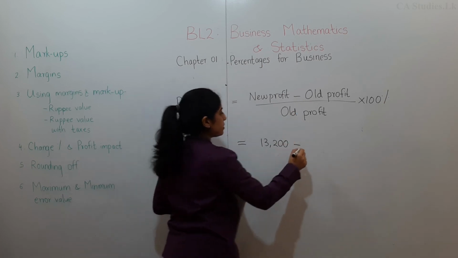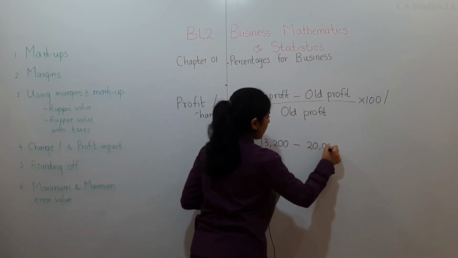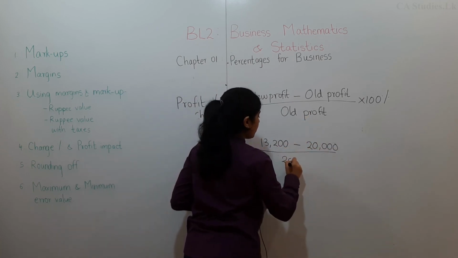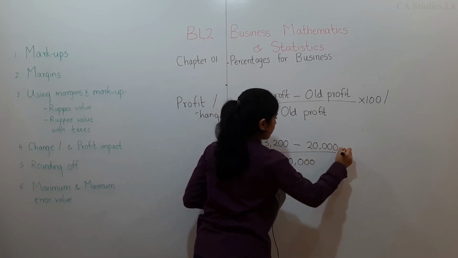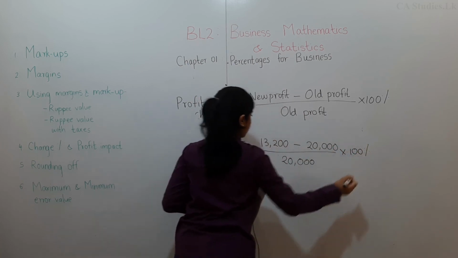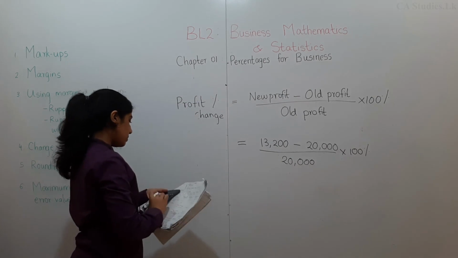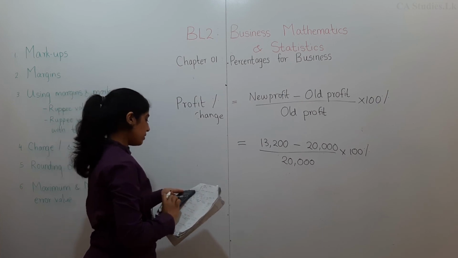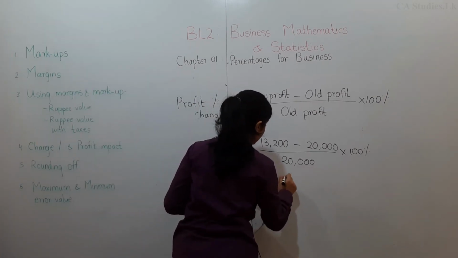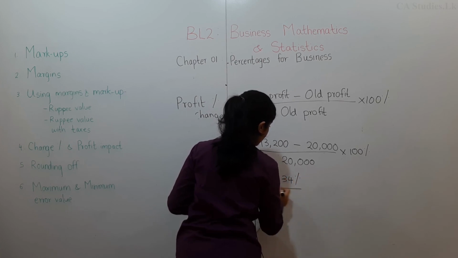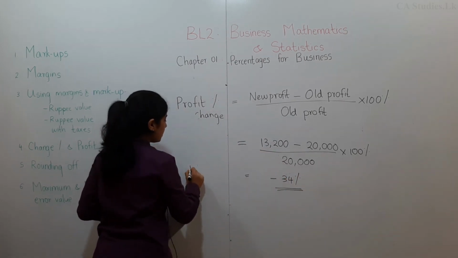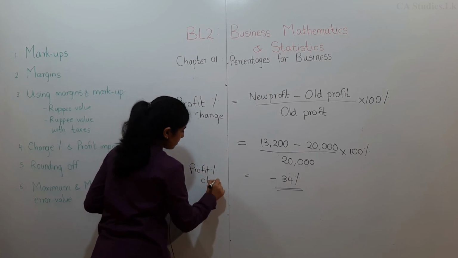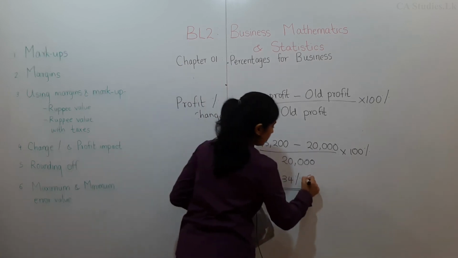Our old profit was 20,000. And then we have to divide by the old profit. Easy. 20,000 into 100. Your value will be 13.2 minus 20 divided by 20 into 100, which is minus 34%. So this is the profit percentage change. Okay. So you can mention decrease.